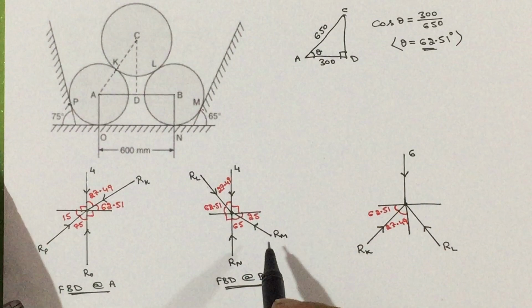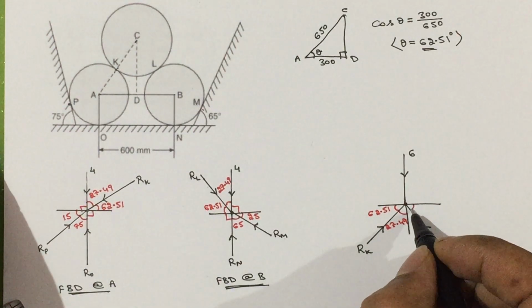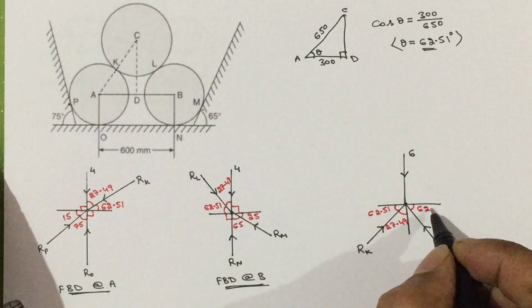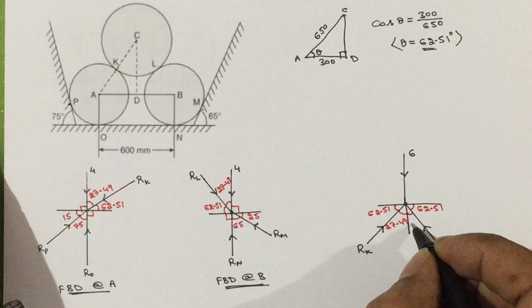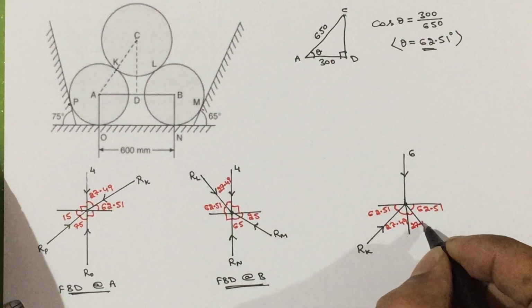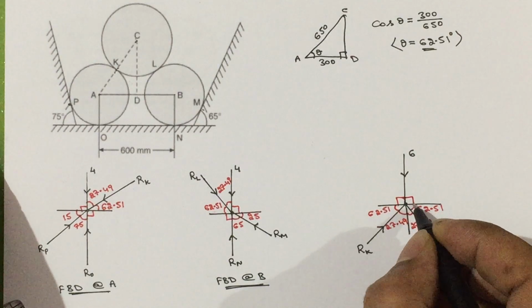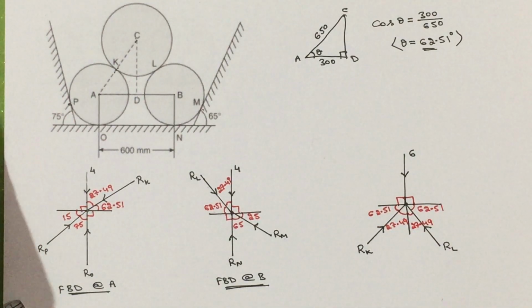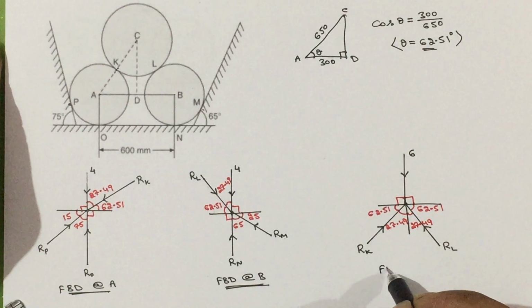Then RL is inclined at 62.51 with respect to horizontal. Then with respect to vertical, it will become 27.49. This is 90 degree, this is also 90 degree. Then this will be the free body diagram at C point.